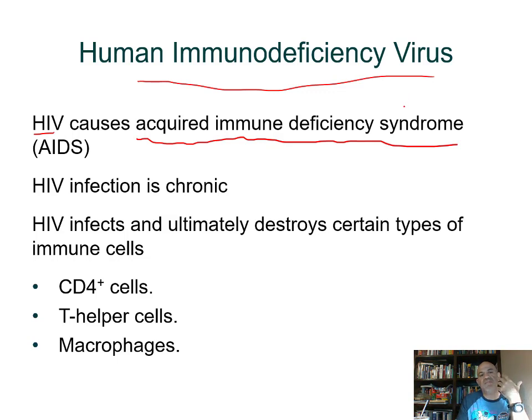And here, over time, the HIV is going to infect cells that are found for the immune system. These are cells that carry a receptor on the surface, a protein receptor called the CD4 receptor. So those are called CD4 plus cells. And they include macrophages. So these are large white cells that go around gobbling up bad guys like bacteria and other things.